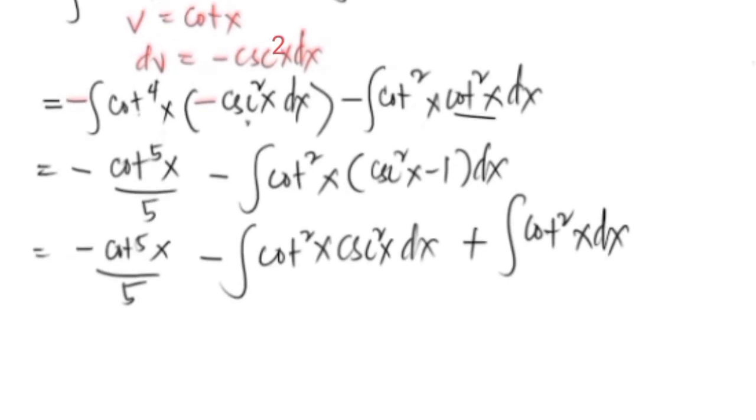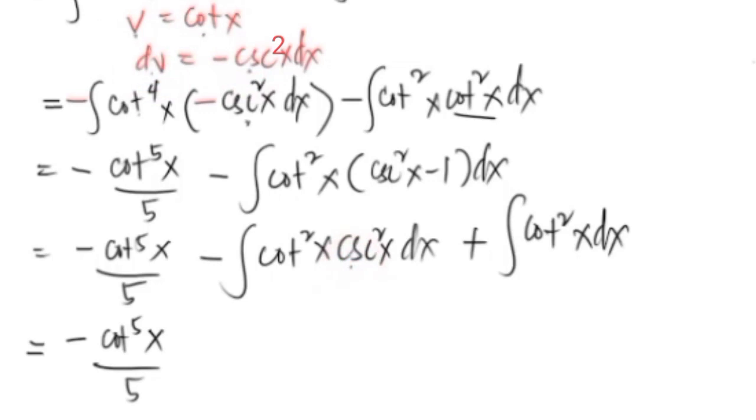Okay. So we have this equal to negative cotangent to the fifth x over 5. And since we are going back to what we did earlier, I will not write it again. Let v be equal to cotangent x, then dv is negative cosecant squared x dx.